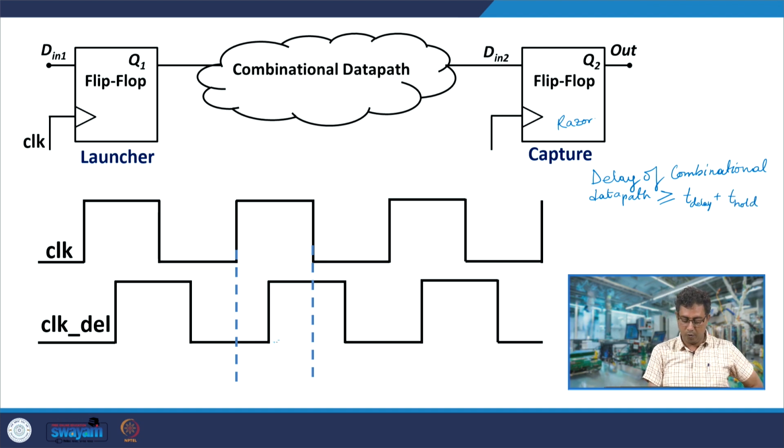Here T hold is the hold time of the shadow latch, and T delay is the delay between the two clocks.